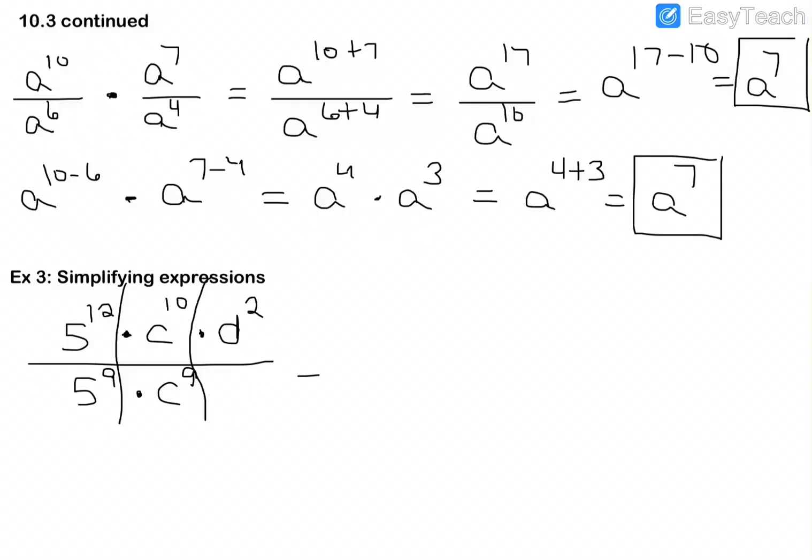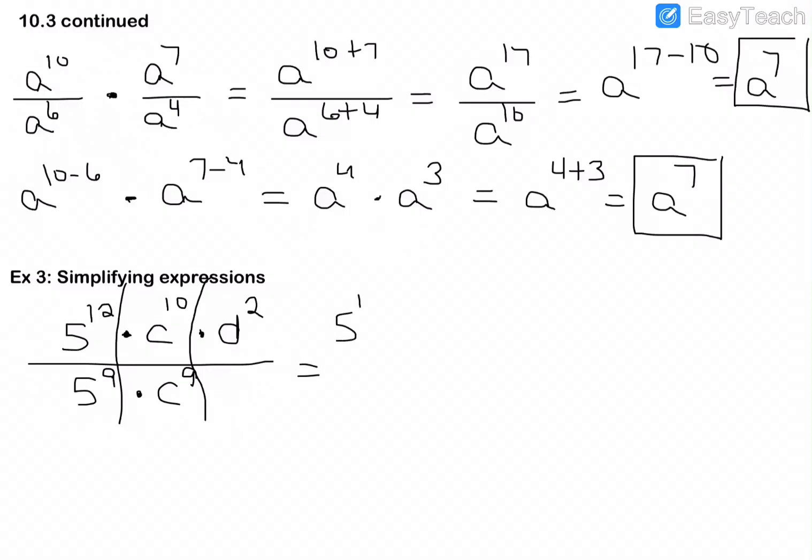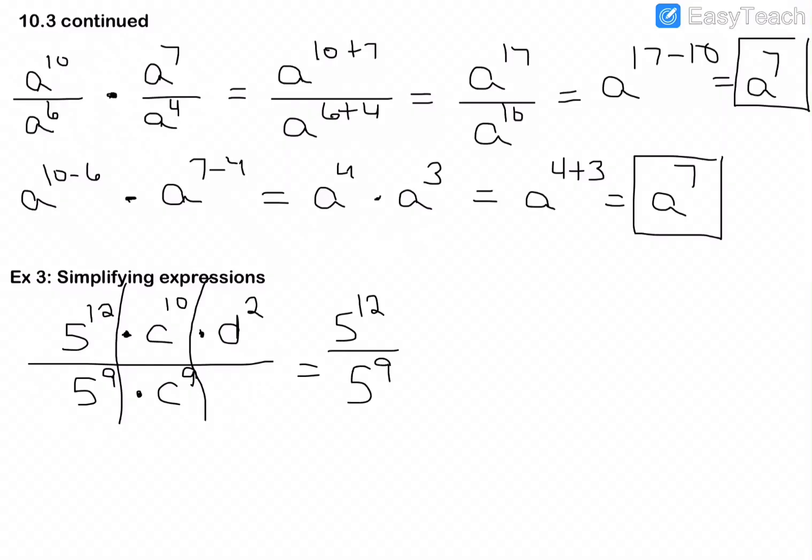So I can rewrite this as 5 to the power of 12 over 5 to the power of 9 times c to the power of 10 over c to the power of 9 times d squared.